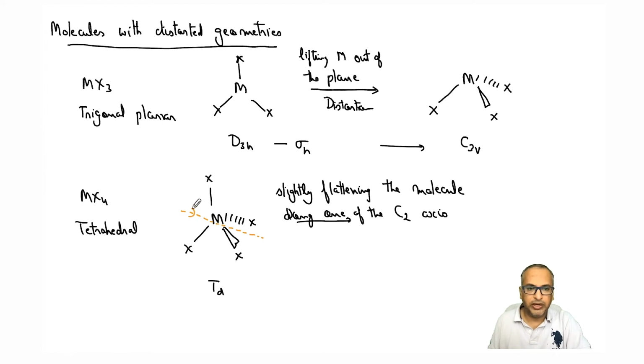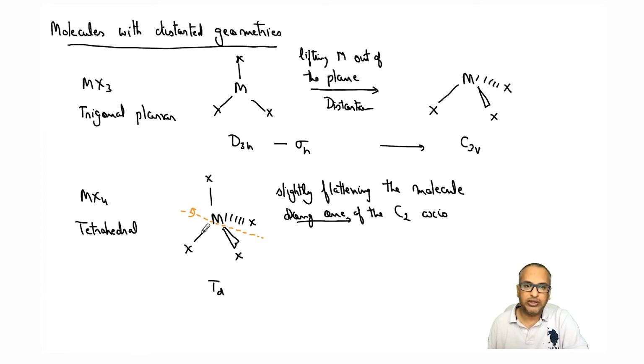Okay, this will be reflecting these two axes and these two axes, right? So now if I flatten this molecule along one of the C2 axes, how does it look? These two will not be flattened because I'm trying to flatten about this C2 axis. So these two will not be affected. Or let's say these two will also be affected. Let's do one by one.